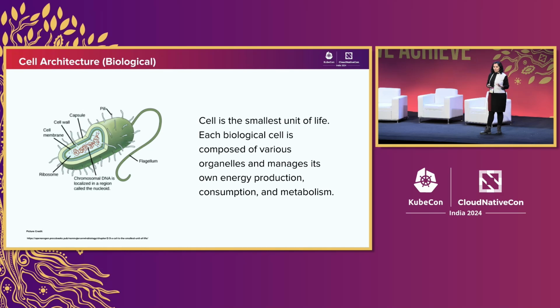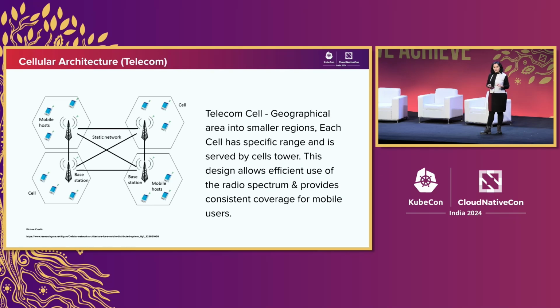This is very simple. Where else have we used it? We have used it in mobile cellular architectures, where we geographically align cells into smaller regions, and then we use various spectrums of bandwidth spread across these cells.